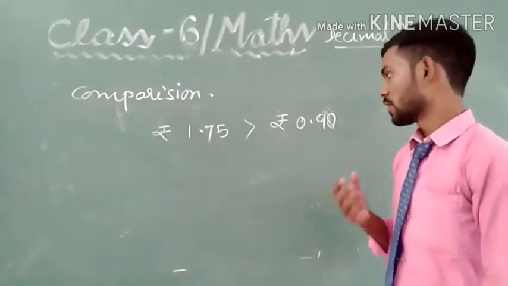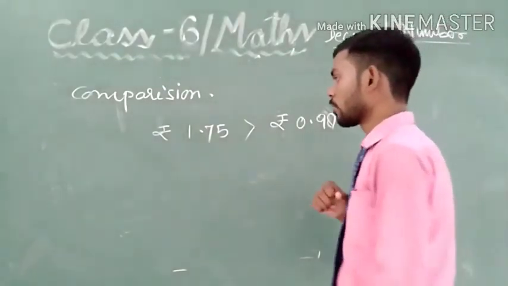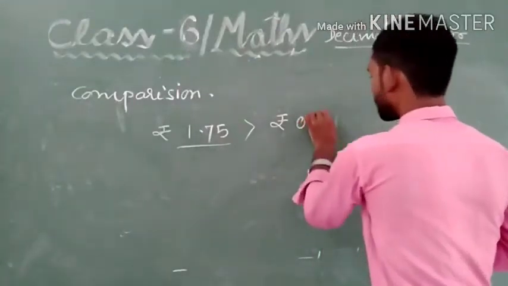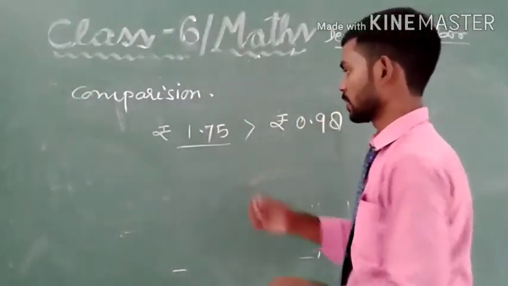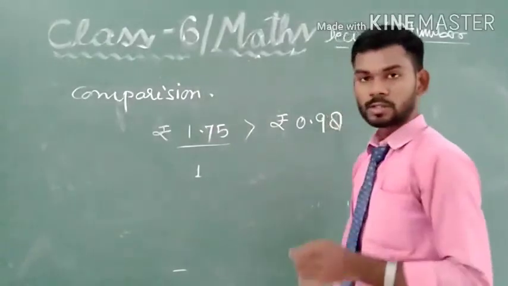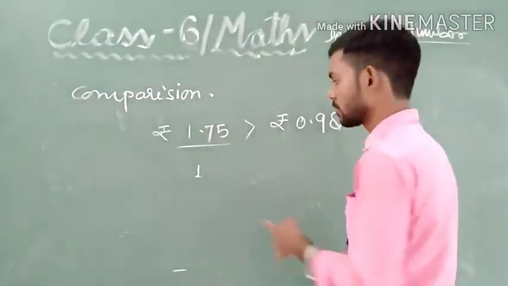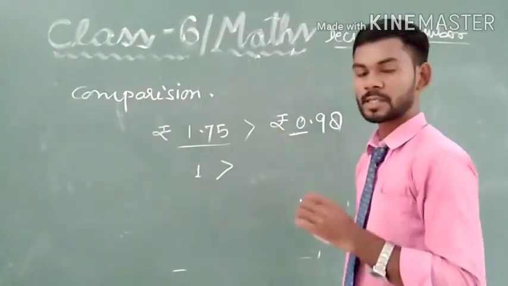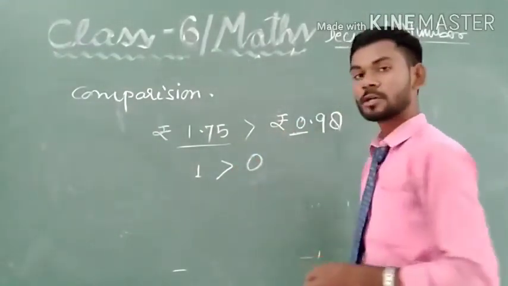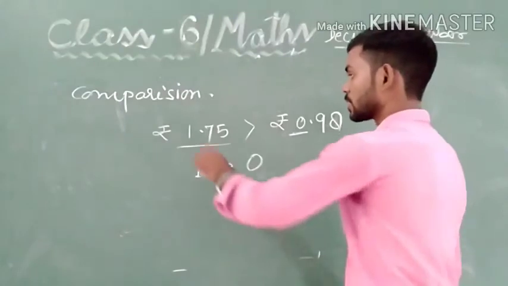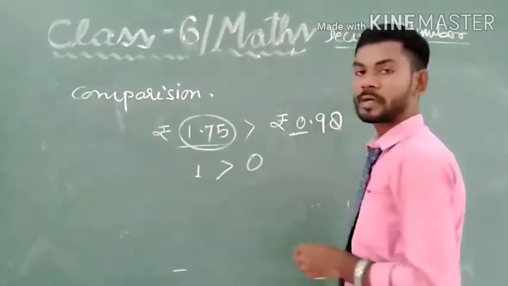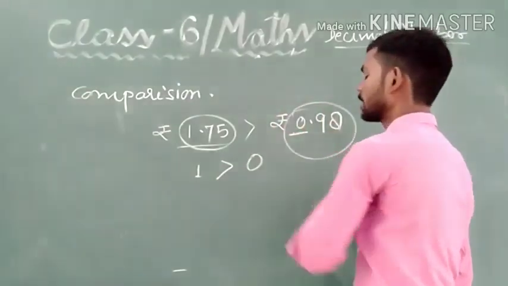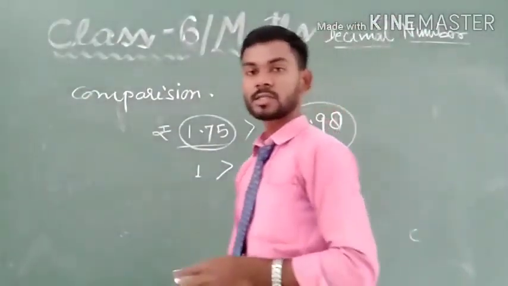Because here we can see that the whole part of the first decimal number, that is 1, is greater than the whole part of the second decimal number, that is 0. That is why the decimal number 1.75 is greater than 0.98. Okay, so this is the comparison.